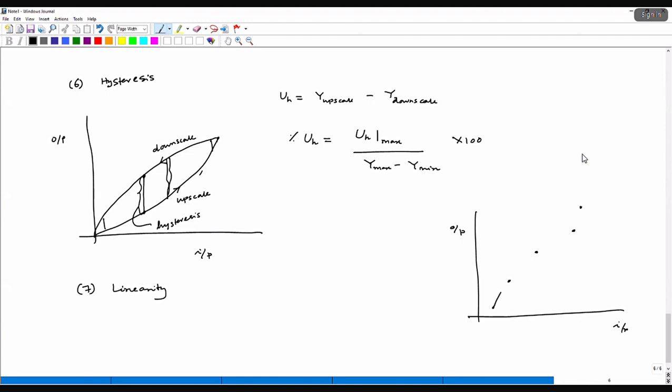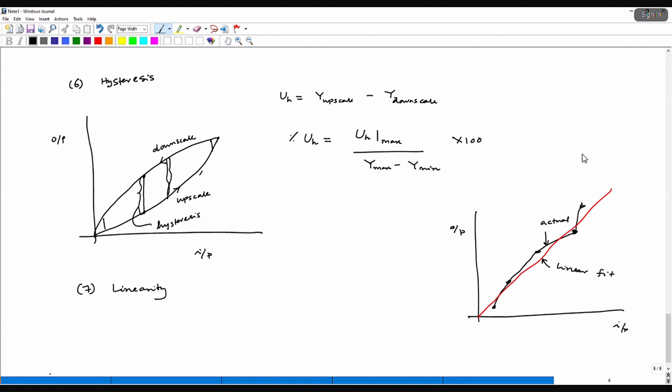And if you join the curve, it goes something like that. But if you draw a linear curve, let's say you get something like that. So you can see that this is the actual data, and this is the linear fit.